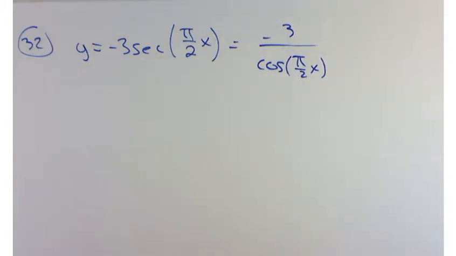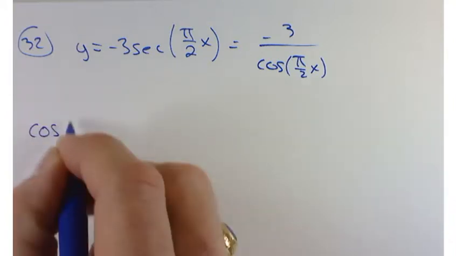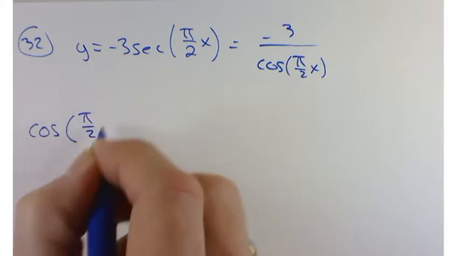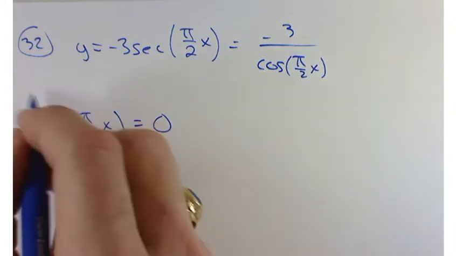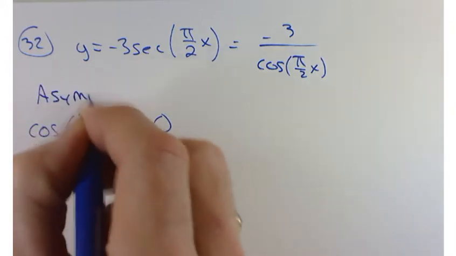So again, I need to figure out, well, where are the asymptotes? The asymptotes are going to occur where the denominator equals 0. So that means cosine of pi over 2 times x equals 0. These are our asymptotes.